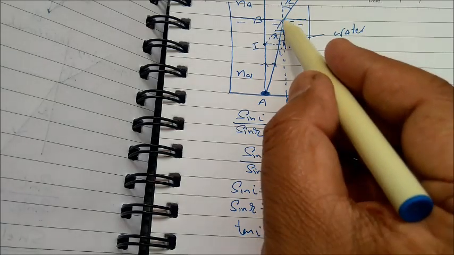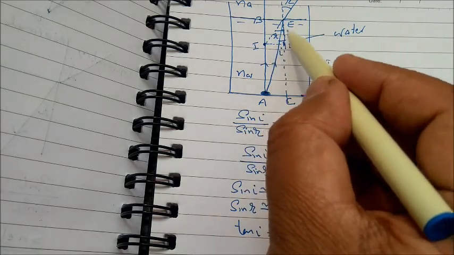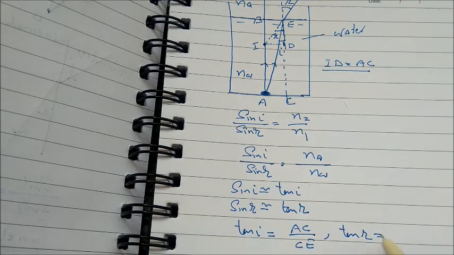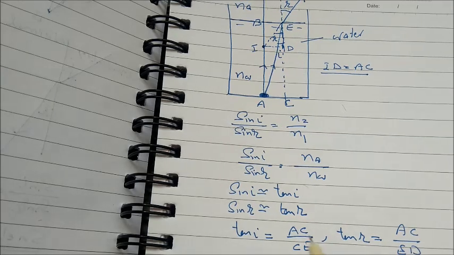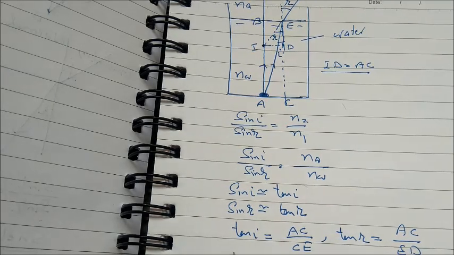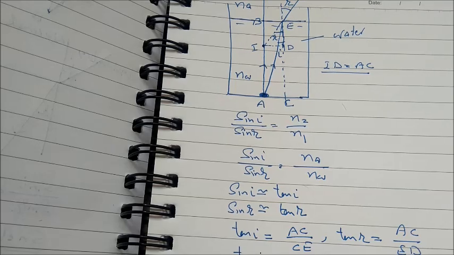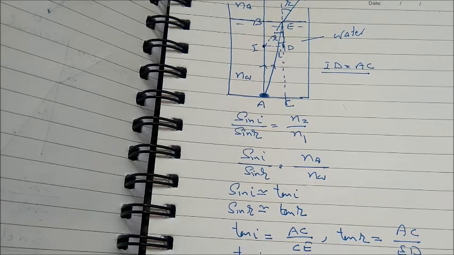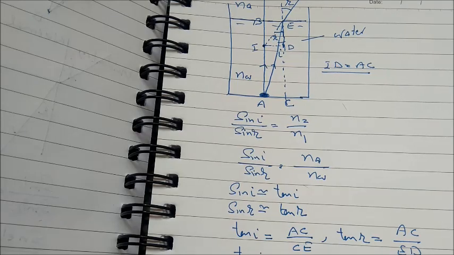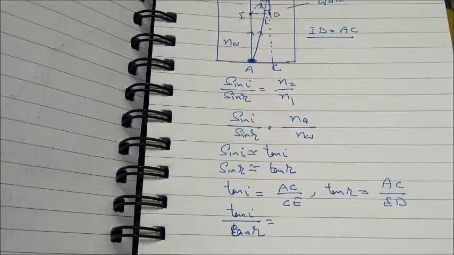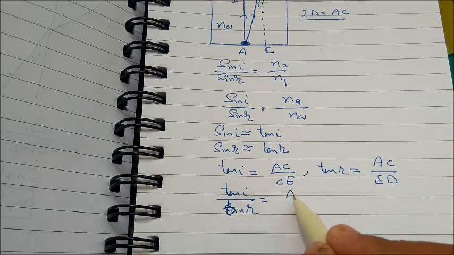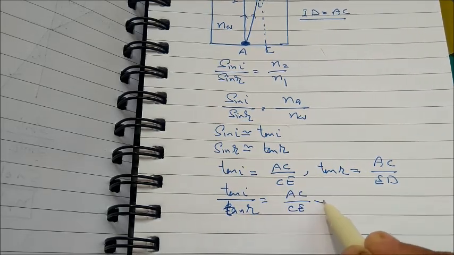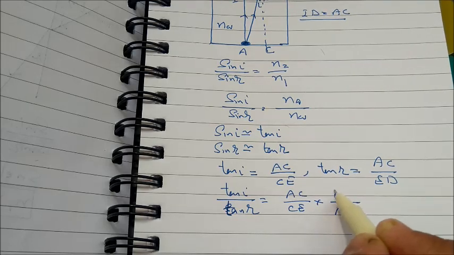Tan r I can take from this: ID upon ED. So ID is same as AC, so AC upon ED. Now take the ratio sin i upon sin r, or tan i upon tan r. This will be AC upon CE, divided by AC upon ED.